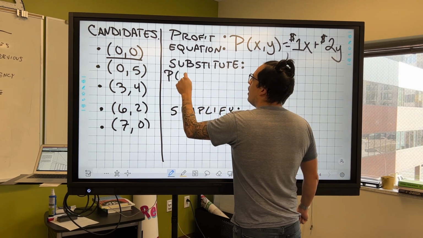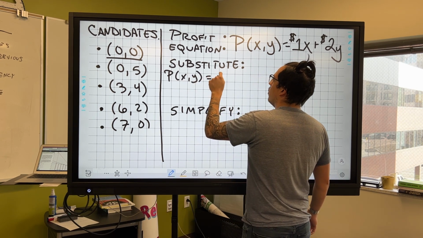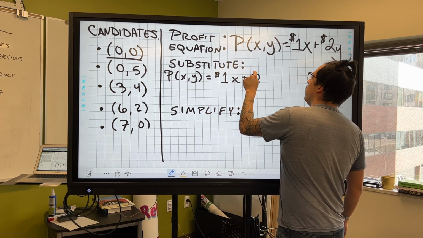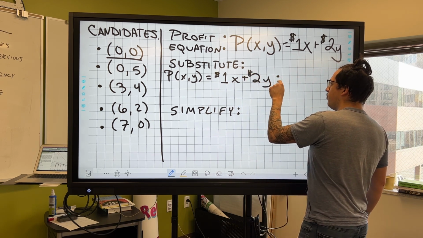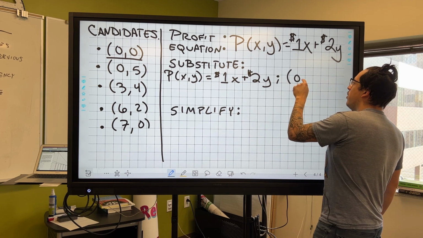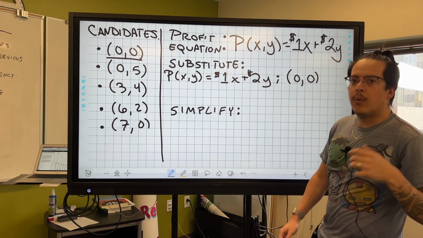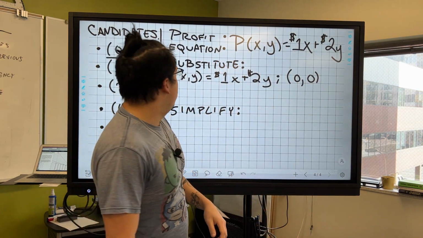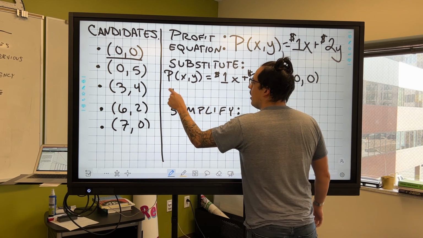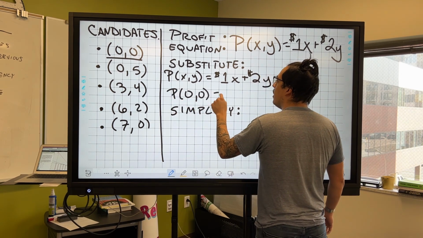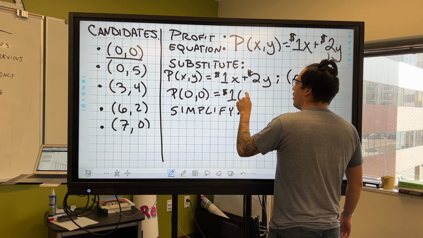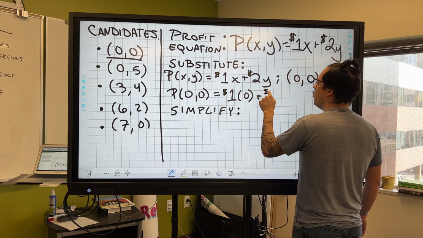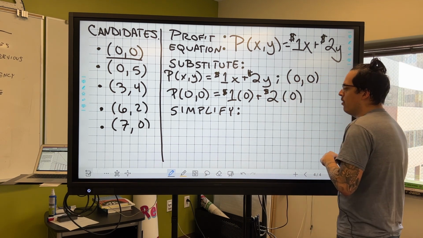So our equation, P of XY equals $1 times X plus $2 times Y. And the point that we're using is 0, 0, which corresponds with 0 cars and 0 trucks. Let's substitute this. P of 0, 0 equals $1 times 0 plus $2 times 0.